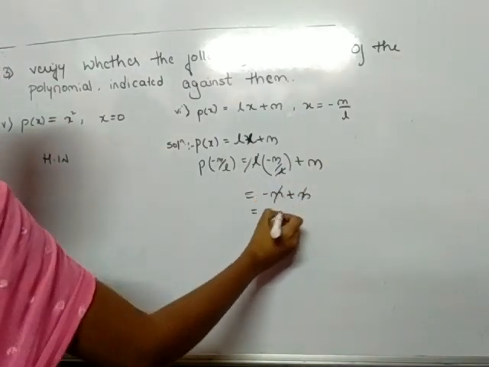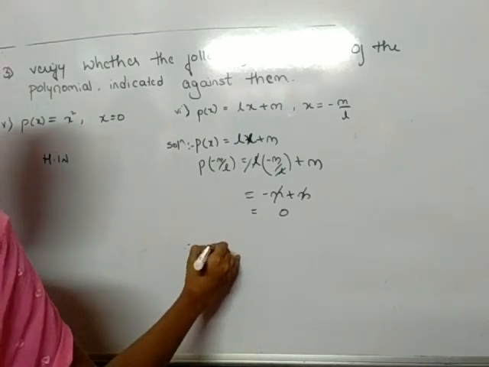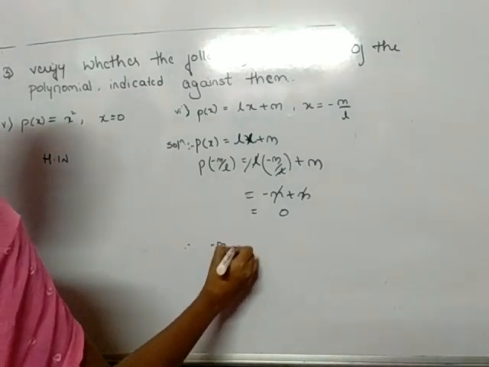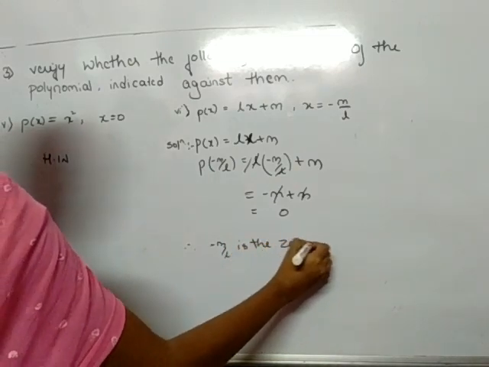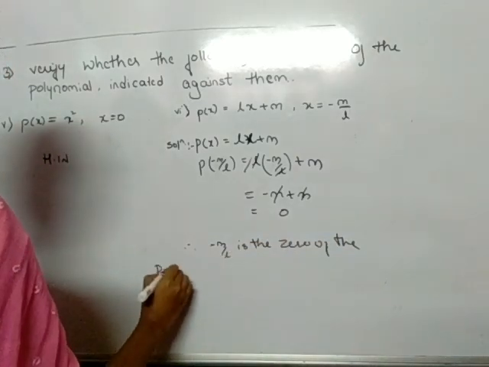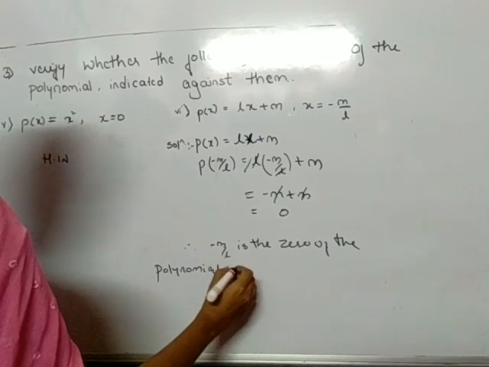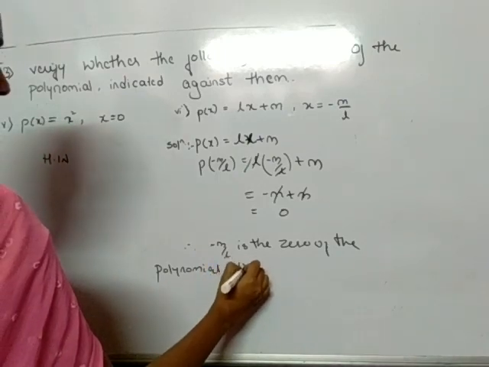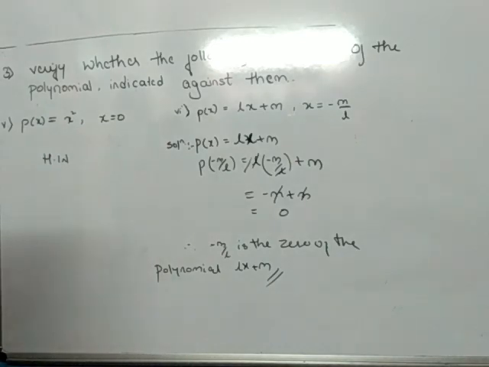So minus m plus m cancels, remaining is 0. So we can write therefore minus m by L is the 0 of the polynomial which polynomial? Lx plus m, right? This is sixth one.